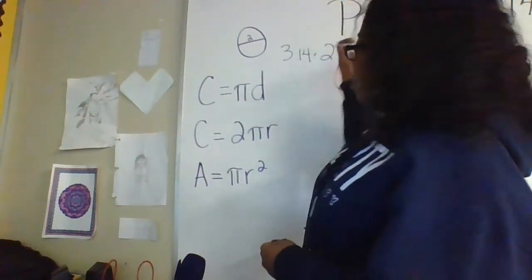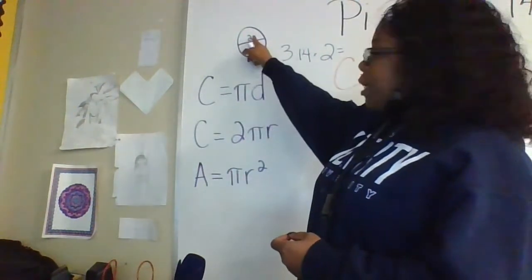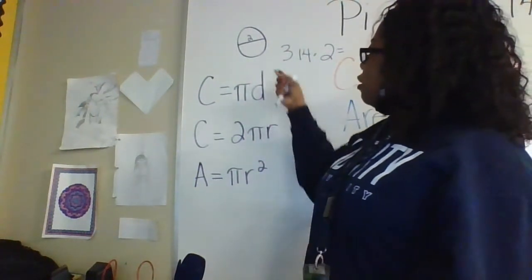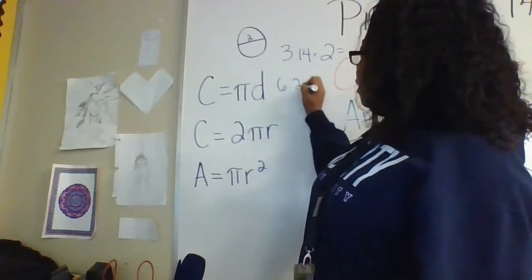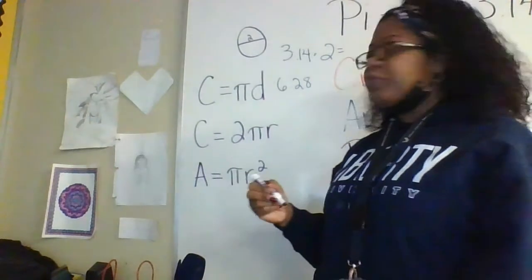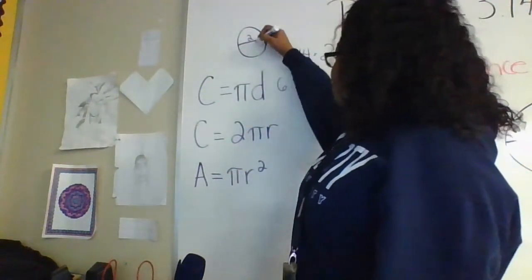So if I wanted to know the circumference of this circle using the information provided from the diameter, I would be able to tell you that the circumference of this circle is 6.28, because that is 3.14 times 2.